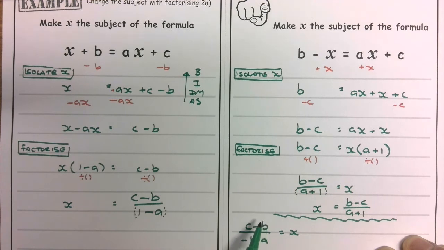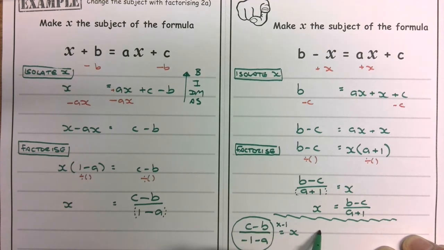So if you had a question whereby you are given the answer, and the answer looks like this, and you end up with something like that, you just need to recognize that you've done it right. What you need to do is multiply the whole fraction by minus 1.